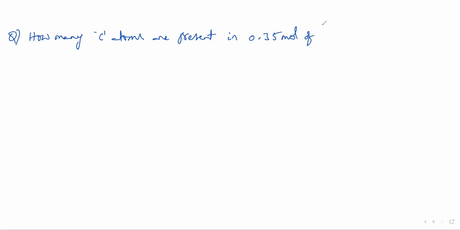So tell me, how many carbon atoms are present? Next question. How many carbon atoms are present in 0.35 mole of C6H12O6? You need to find out how many carbon atoms are present.